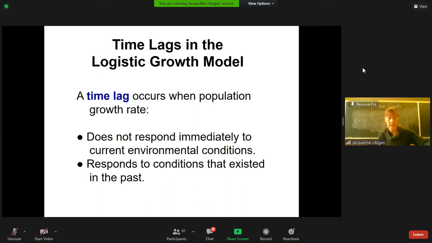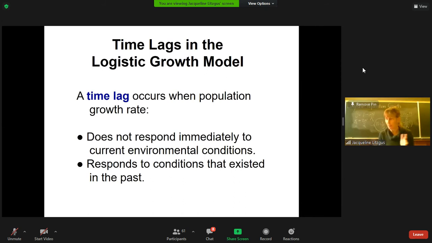A time lag happens when the population growth rate isn't responding immediately to the current environmental conditions. It's actually responding to conditions that already happened in the past, before the present time.